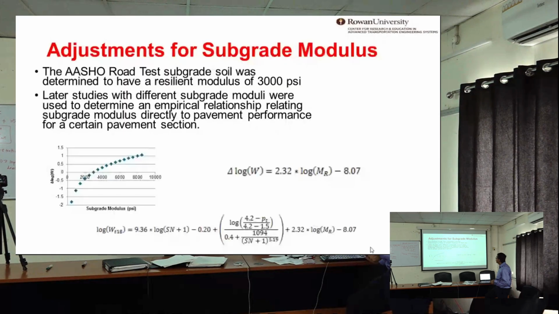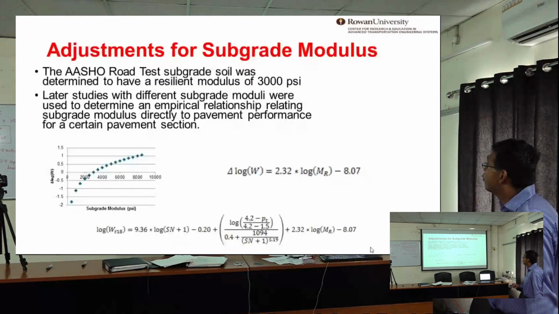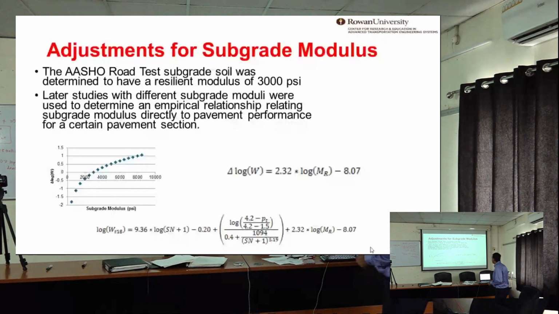Adjustments for the subgrade modulus. After the road test they determined the resilient modulus of 3000 psi. Later studies with different subgrades were determined for different performance data. And this is what you see, the change. The AASHTO was done for 3000, and now if it was 10,000, there was an increase of log of 10, that is almost 10 times, right?